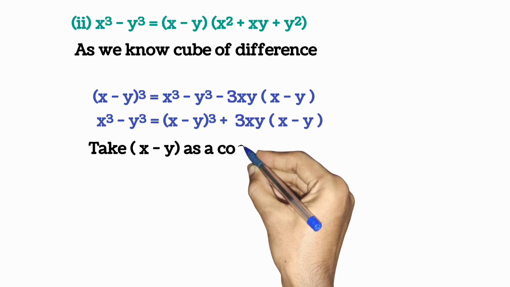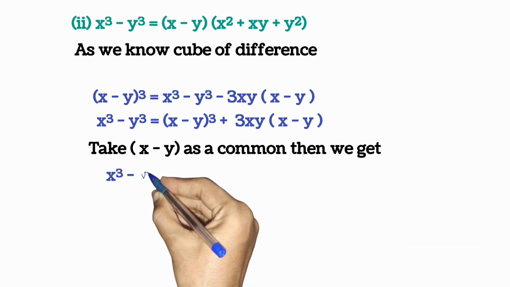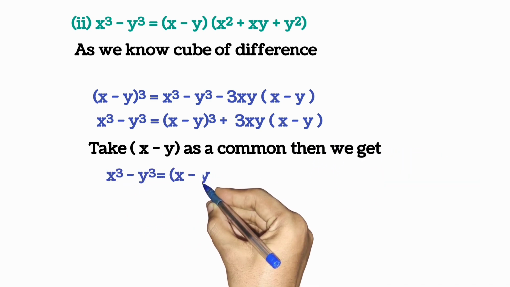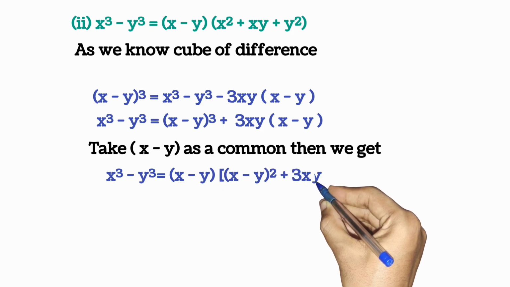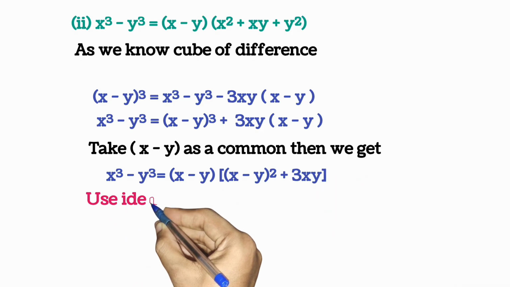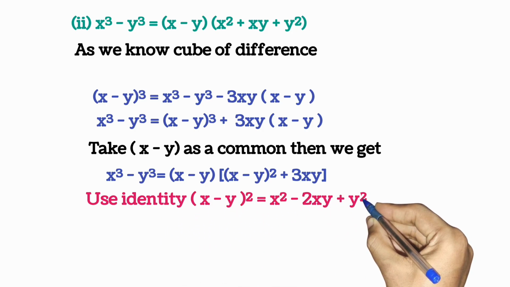Take x minus y as common, then we get x cube minus y cube equals x minus y, taking it common, we remain with x minus y the whole square plus 3xy. Use the identity: x minus y the whole square equals x square minus 2xy plus y square.